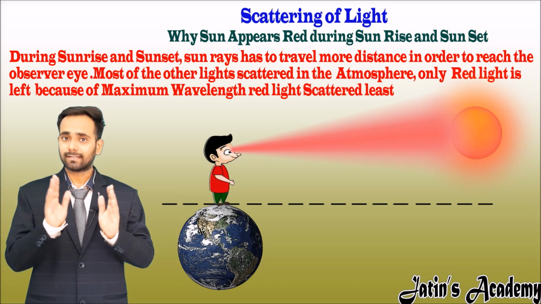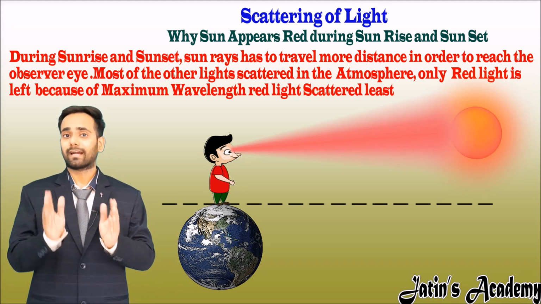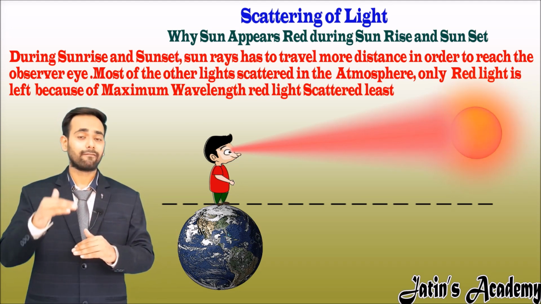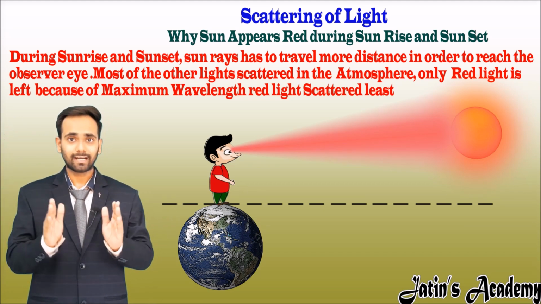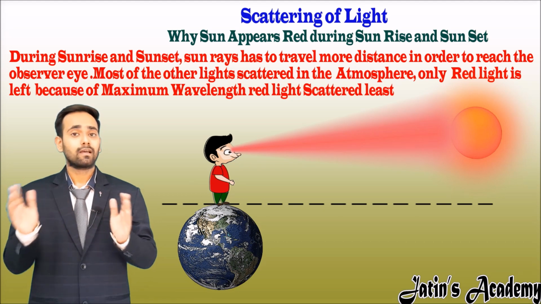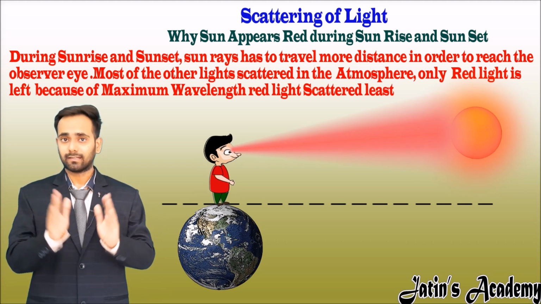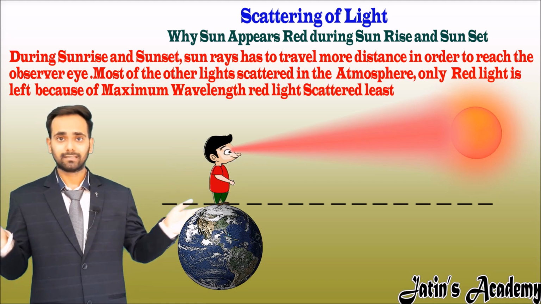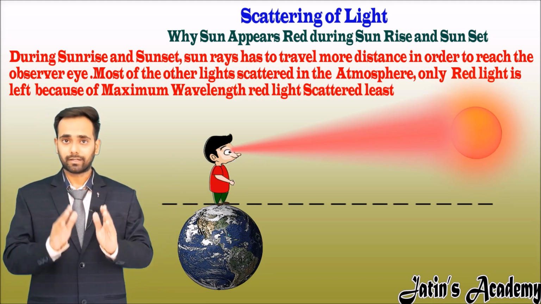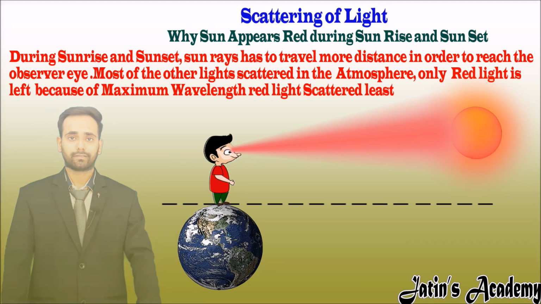Only red light is left because it scatters least, because red light has the maximum wavelength. Maximum wavelength means least scattering. Least scattering means only red light enters the observer's eye. That's why the sun appears red during sunrise and sunset.